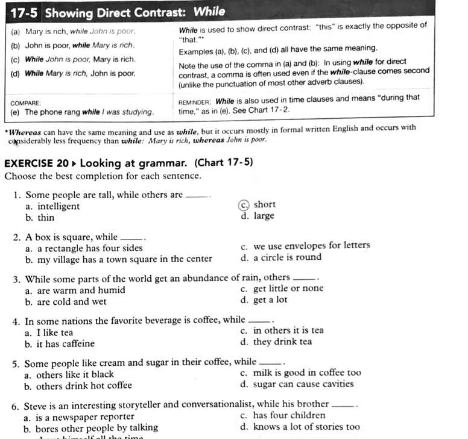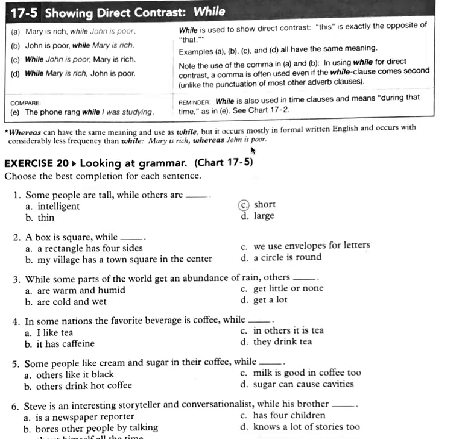Here's a footnote at the bottom of chart 17.5. Whereas can have the same meaning and use as while, but it occurs mostly in formal written English and occurs with considerably less frequency than while. Mary is rich, comma, whereas John is poor. Okay, it's more formal.